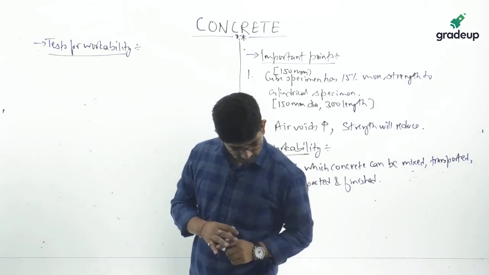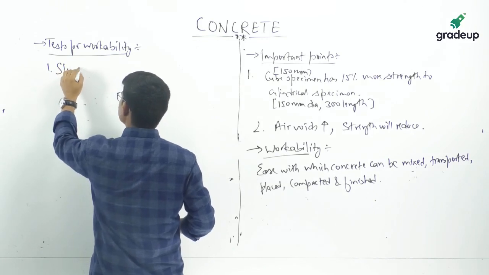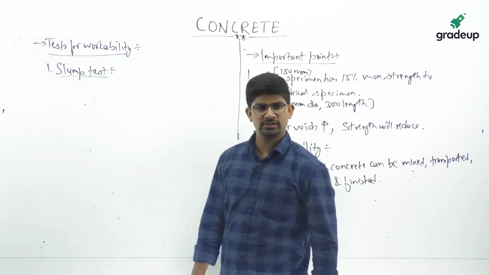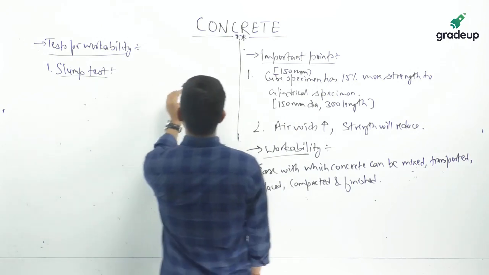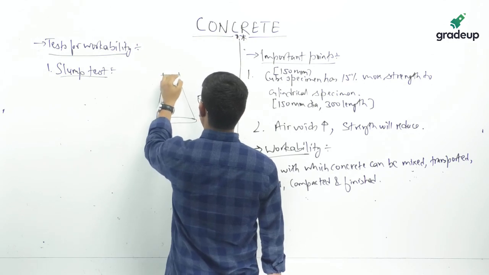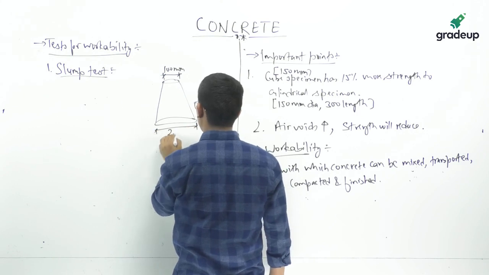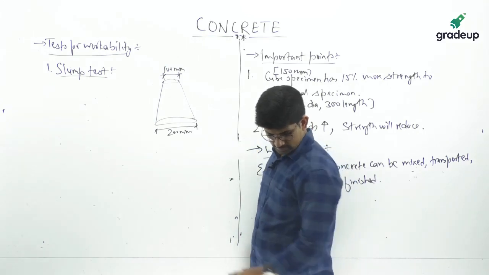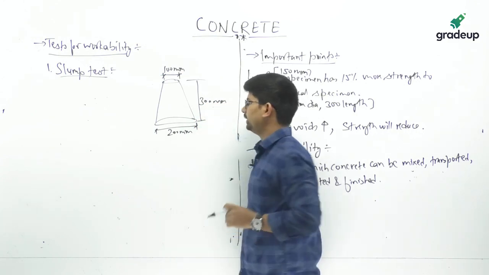Now test for workability. The first and the most common one is slump test. I am sure everyone has heard this one. So the slump cone is something like this. The top dia is 100 mm, bottom dia is 200 mm, and the height is 300 mm.